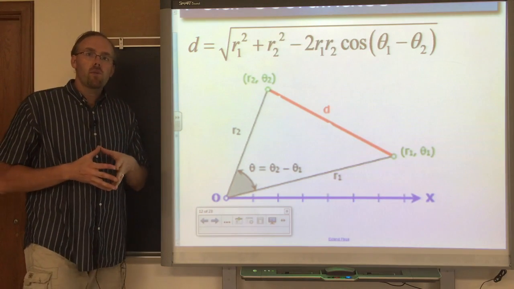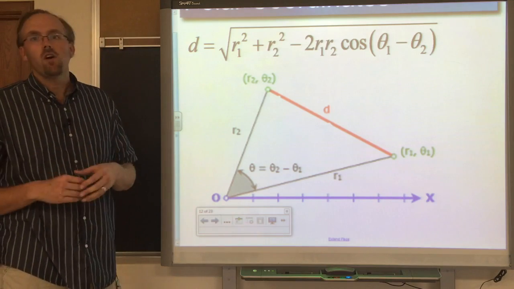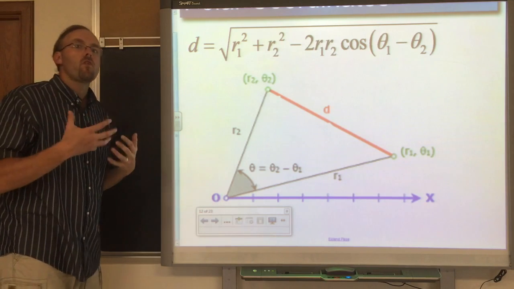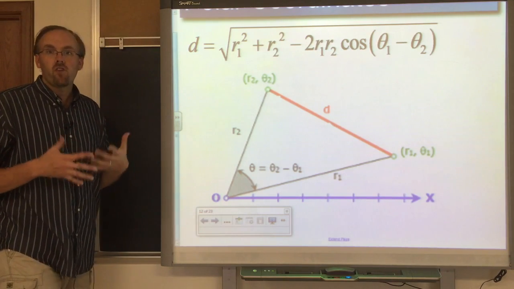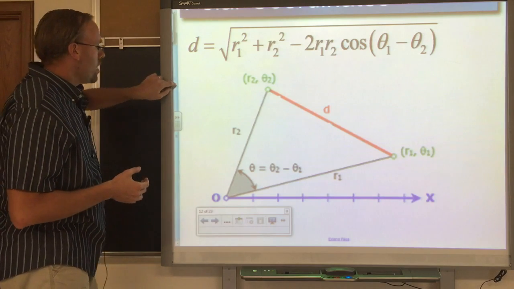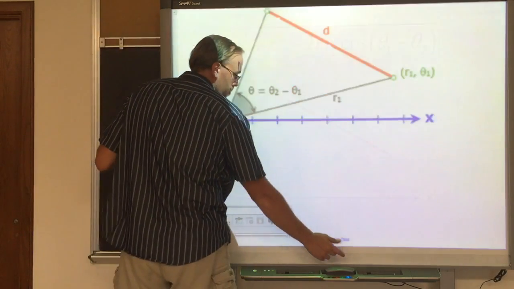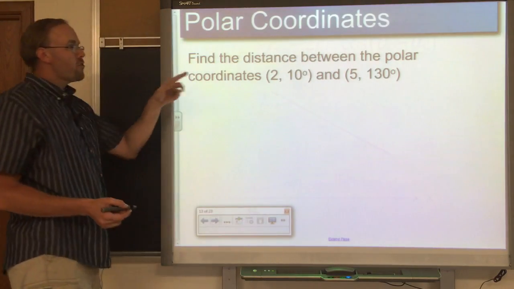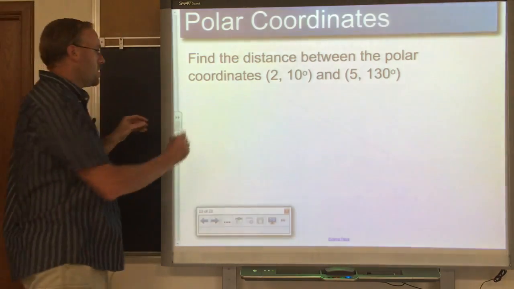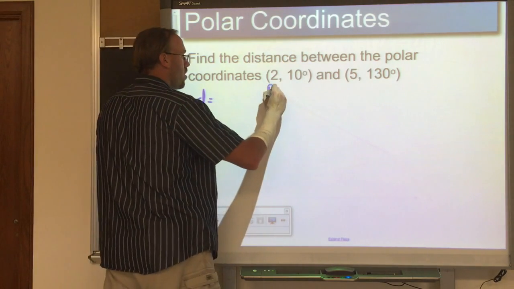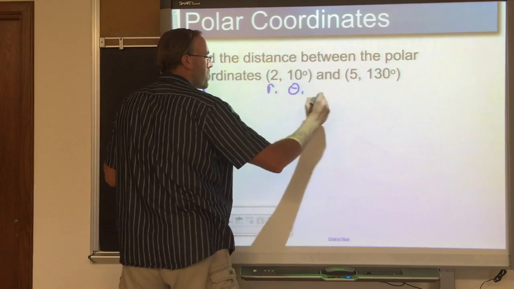Back when we were solving triangles, we would use law of cosines. And if you look at this formula, it is very, very close to the law of cosines formula. So we're going to apply that. So here are our 2 coordinates. To use our formula, we'll say that this is R1 and this is theta 1.